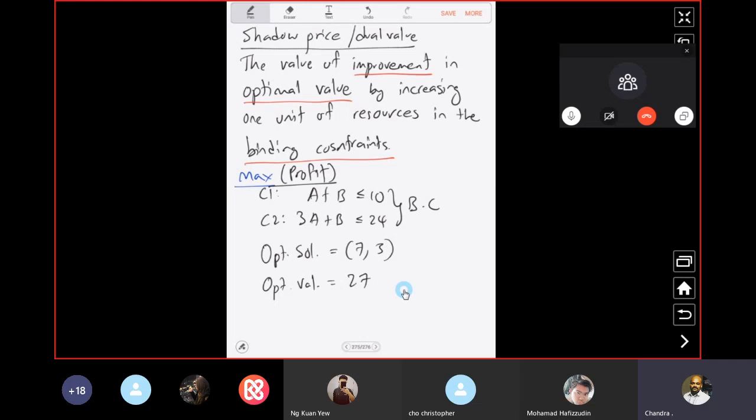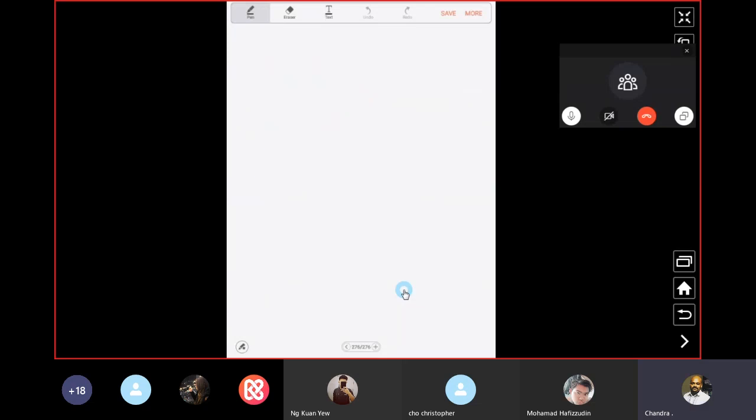Okay. Now, let us write again the binding constraint here. C1, C2. I'm writing the binding constraint in terms of equation now. Okay.